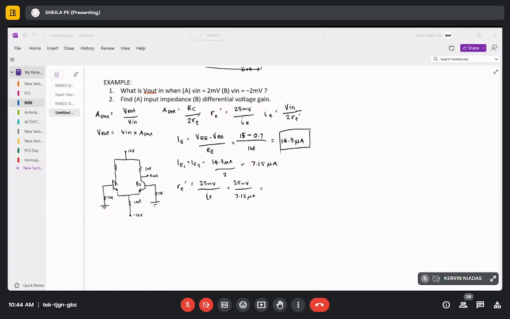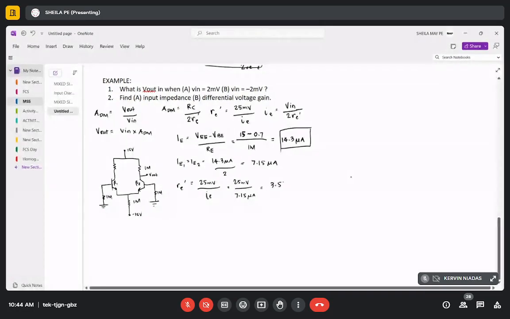So that's 3.5, 3.5, 3.5 kilo. 3.5, miss.